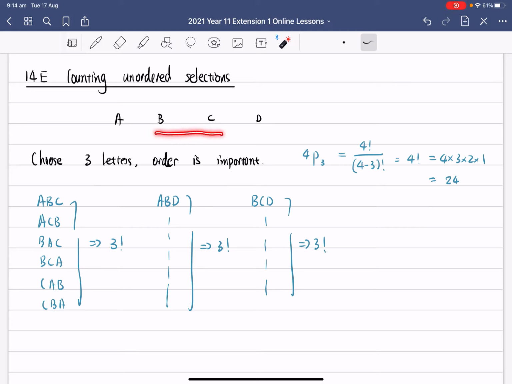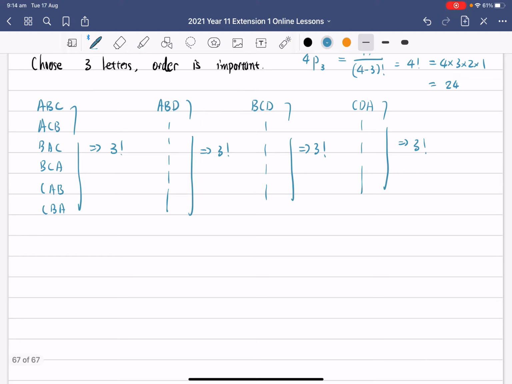Once we have finished the BC one, we move on to CD, so it will be CDA. Within the CDA, there are 3 factorial ways of rearranging CDA. So in total, 3 factorial is equal to 6, and we have 4 groups of 6, which is 24.